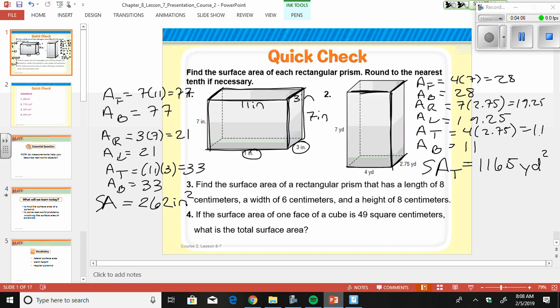Find the surface area of a rectangular prism that has a length of 8 centimeters, a width of 6 centimeters, and a height of 8 centimeters. So there's also the surface area formula for a rectangular prism that is 2 length width plus 2 height width plus 2 height length.